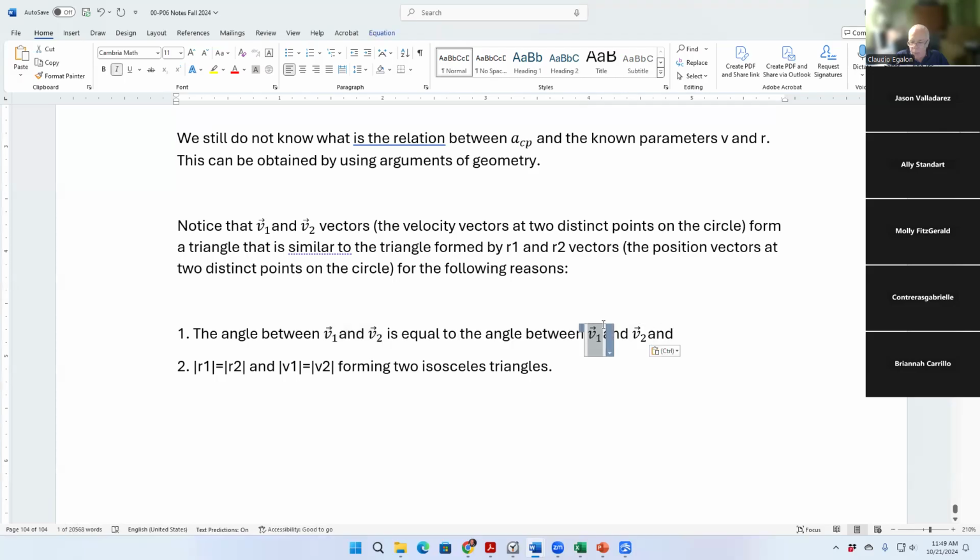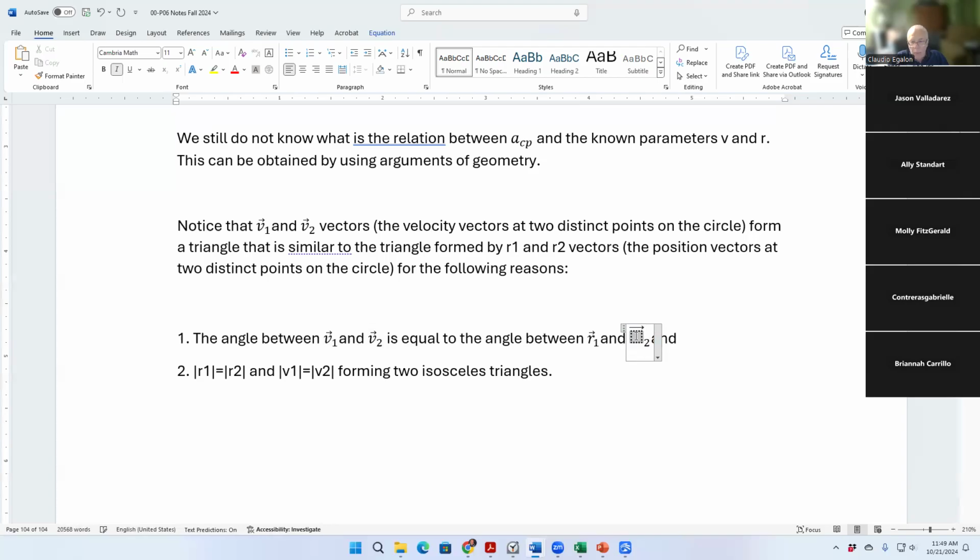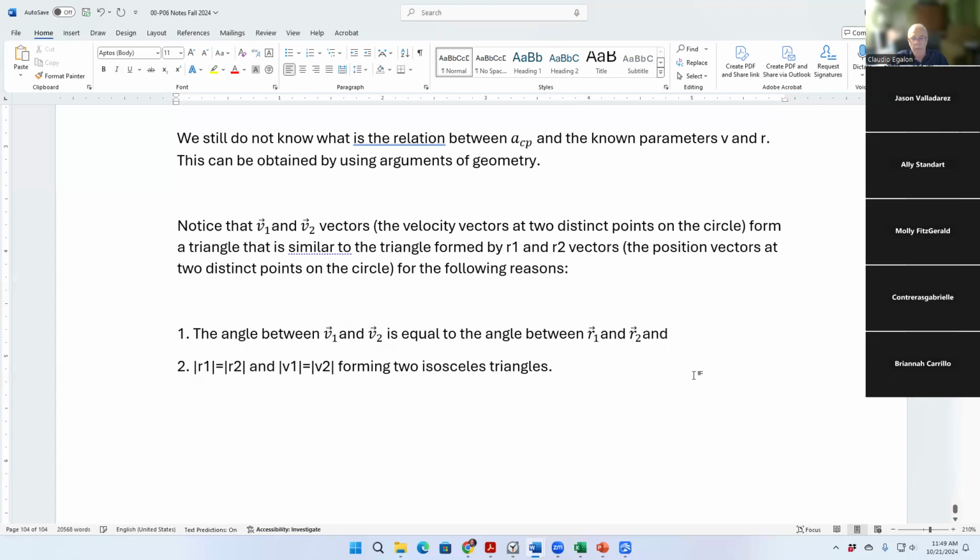R1 and R2. Okay, R1 and R2. I'll get that. R1 and R2.